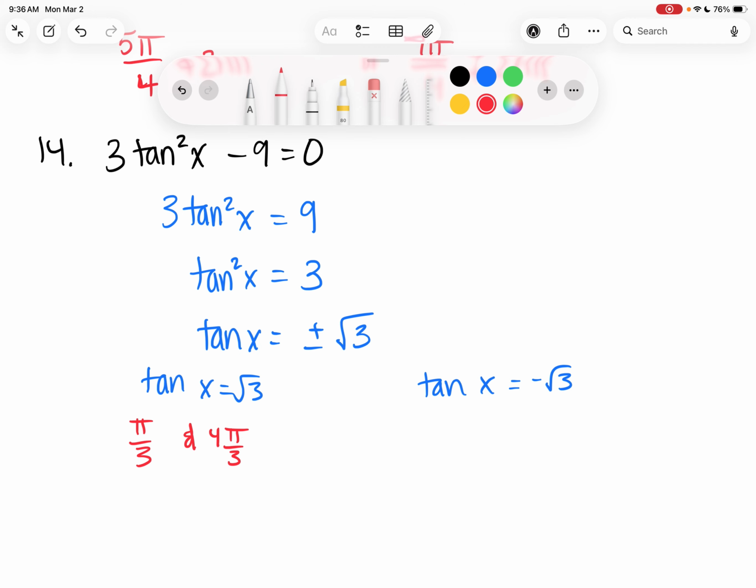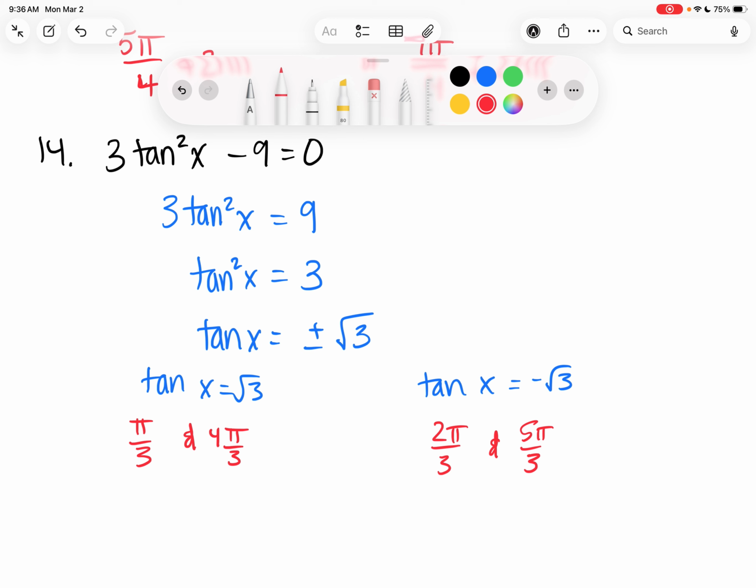Now what about where is tangent negative root 3? 2 pi over 3. 5 pi over 3. So if it asked me for the specific solution on the interval 0 to 2 pi, because that's what a lot of them are going to ask, I would write all 4 of these.